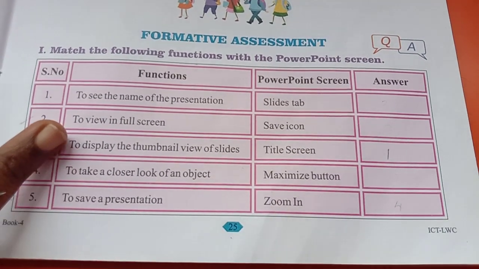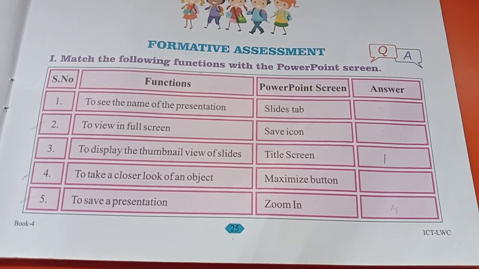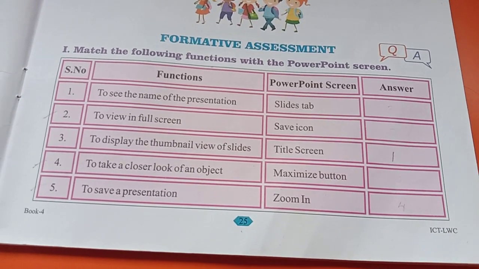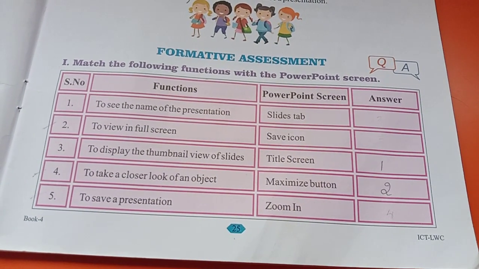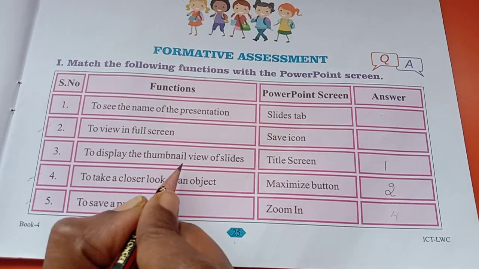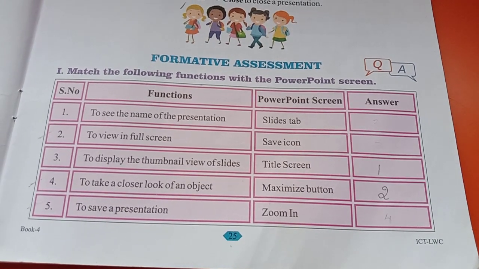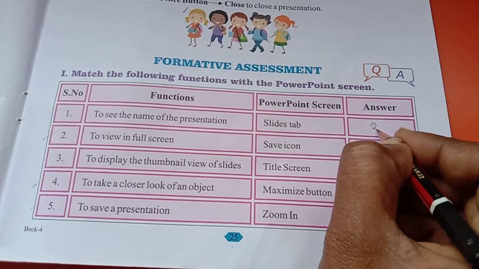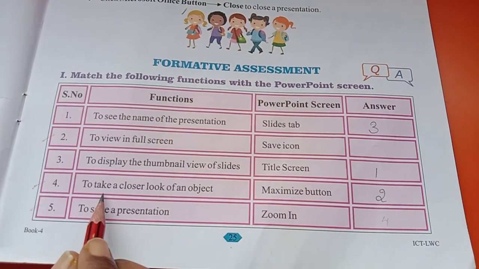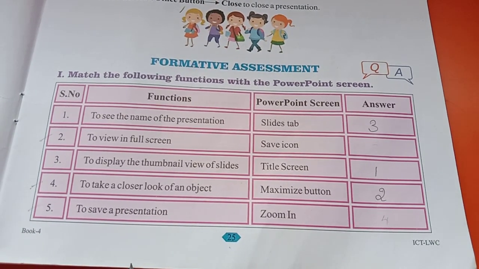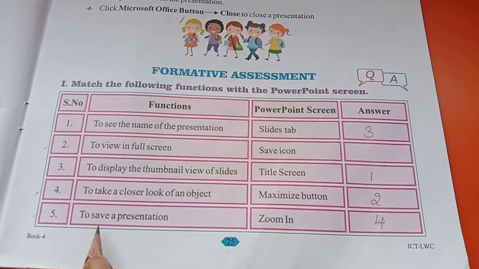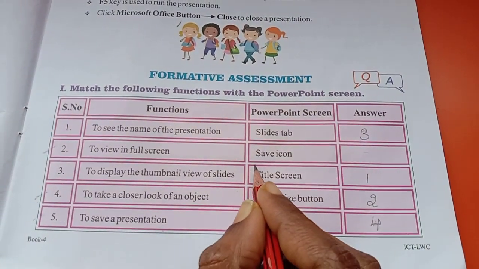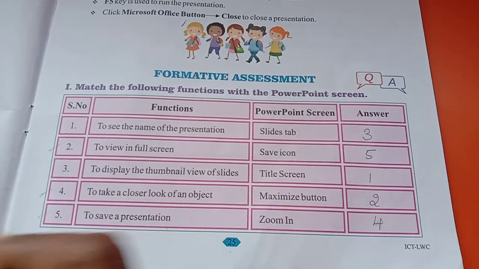To view in full screen, we need the maximize button. To display the thumbnail view of slides, we need the slide tab. To take a closer look at an object, we need zoom in. To save a presentation, we click the save icon.